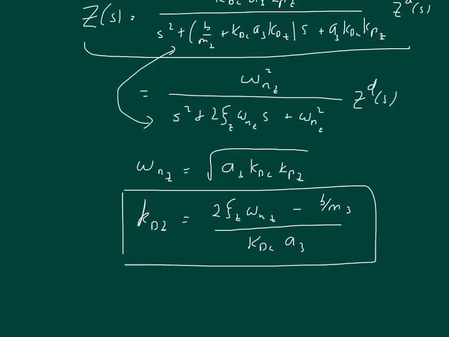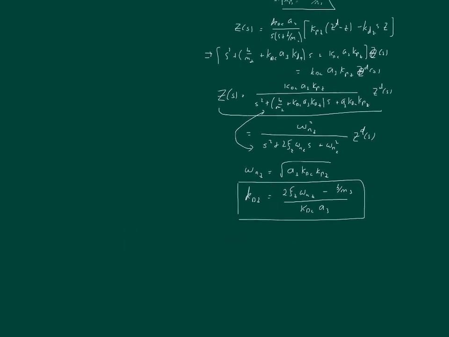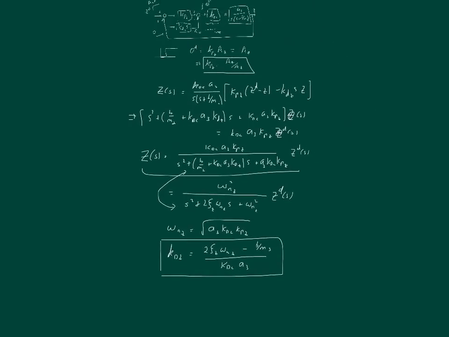So there's our expression for the derivative gain. So we have accomplished our design for the outer loop and for the inner loop. So for the outer loop, here's the proportional gain. There is the derivative gain, that's kdz. And what do we tune for the overall system?